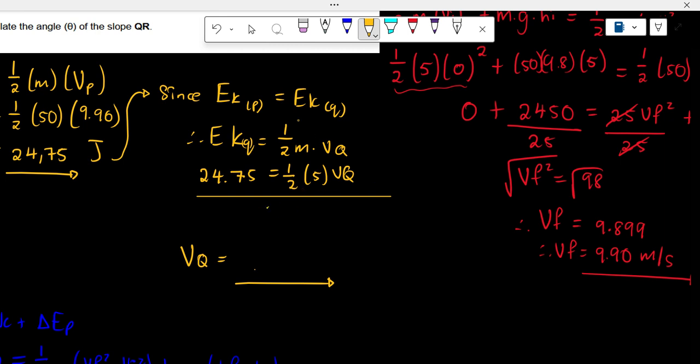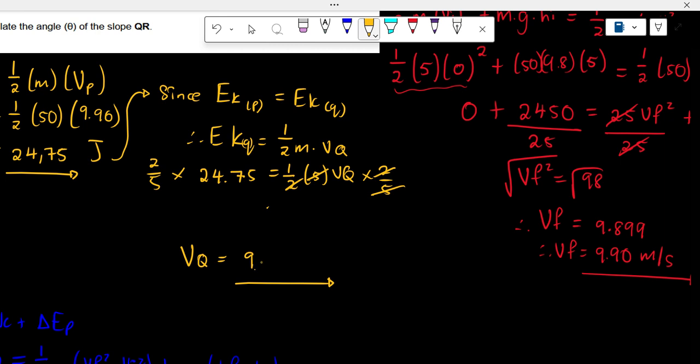Okay, let's just do some maths here. In order for me to do this, I'm going to multiply both sides by 2 over 5. So this cancels that, this cancels that. So the velocity of q is 2 over 5 times 24.75, and I get a value of 9.9.